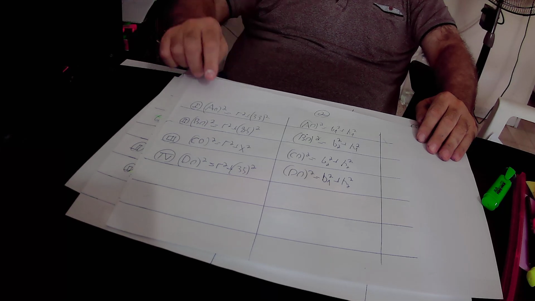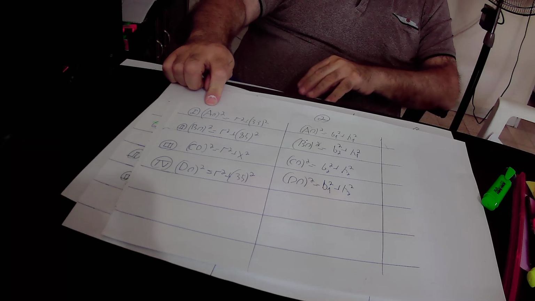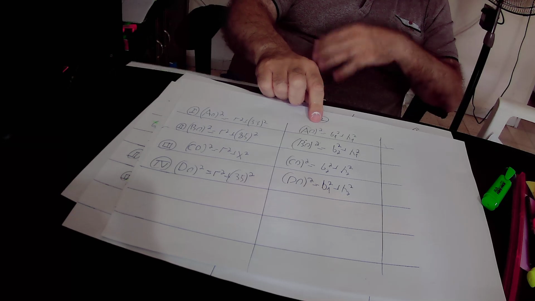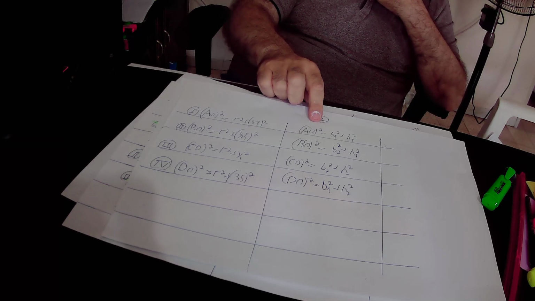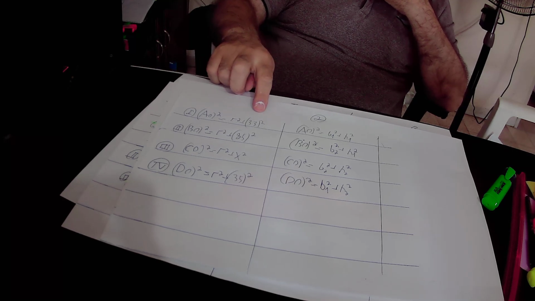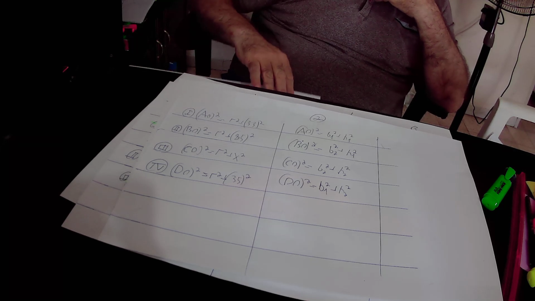According to equation number 1, AO square according to the first equation must be equal to AO square according to the second equation. That is to say, R square plus 33 square must be equal to B1 square plus H1 square.